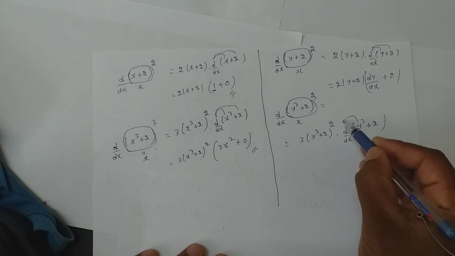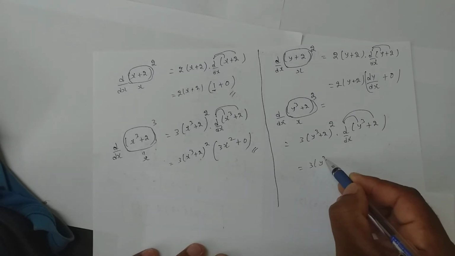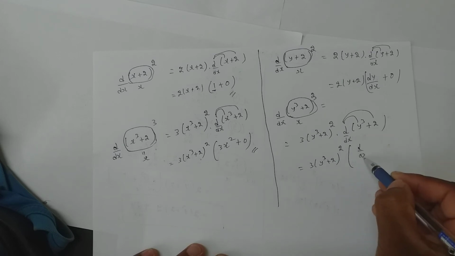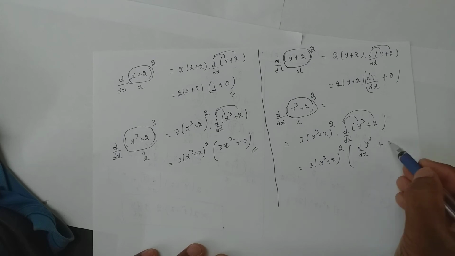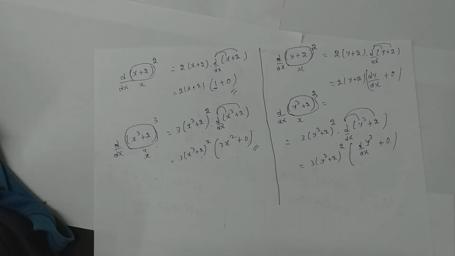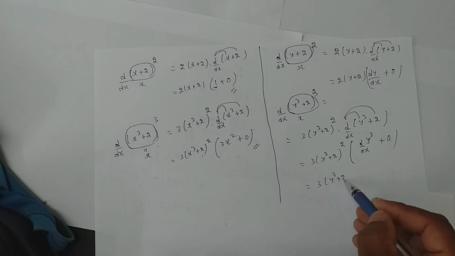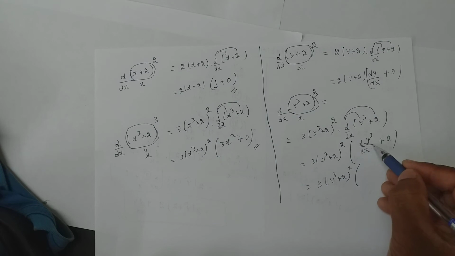Now this gets applied to y cube and also to this. The catch is here. D by dx of y cube, how much do you get is what you need to be careful of. For 2 it is 0, so no need to worry much about it. So it is 3 into y cube plus 2 whole square into, again you will assume it to be x.